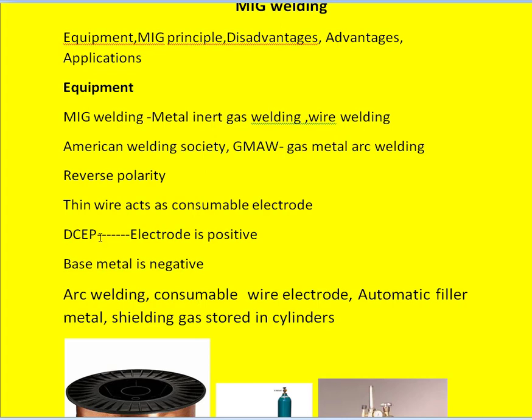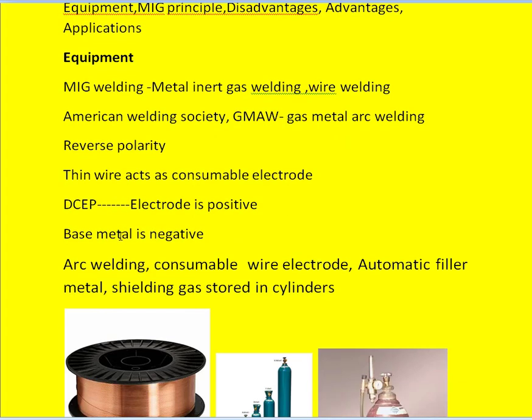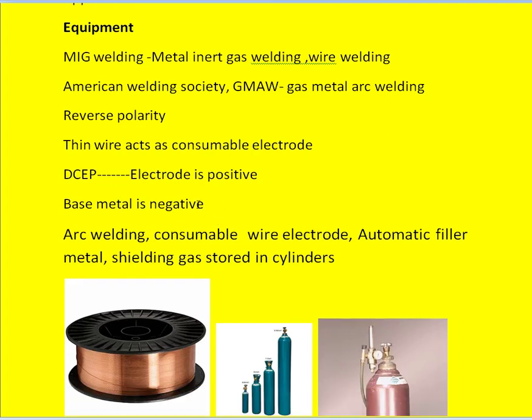The meaning of this is the supply connected to the electrode is DC and the polarity of the electrode with respect to the DC supply is positive, that is, the electrode is connected to the positive terminal of the DC supply. Next, base metal.